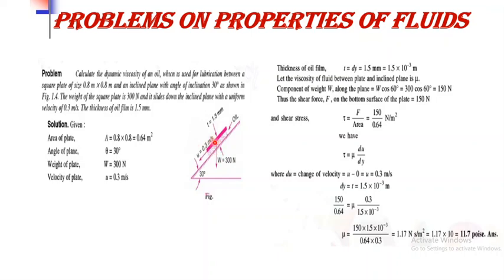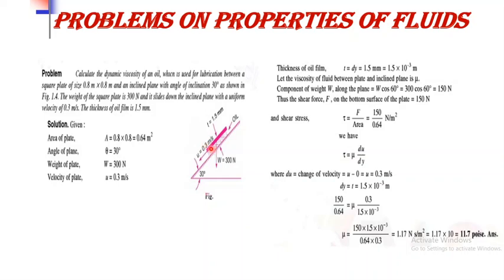So the weight component parallel to the inclined plane is equal to 300 into cos of 60, because with the horizontal the angle made by the inclined plane is 30 degree, and when we draw the perpendicular to the inclined plane, the remaining angle is 60 degree, means the total angle is 90 degree, from which 30 degree is this much angle and the remaining angle is 60 degree.